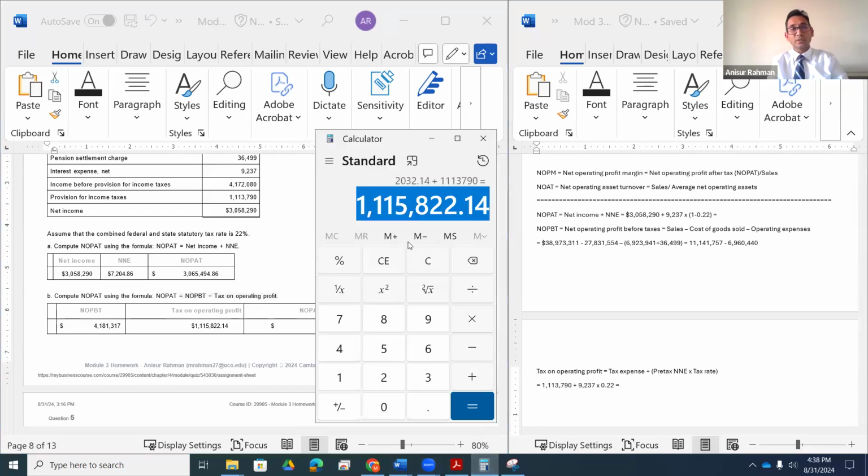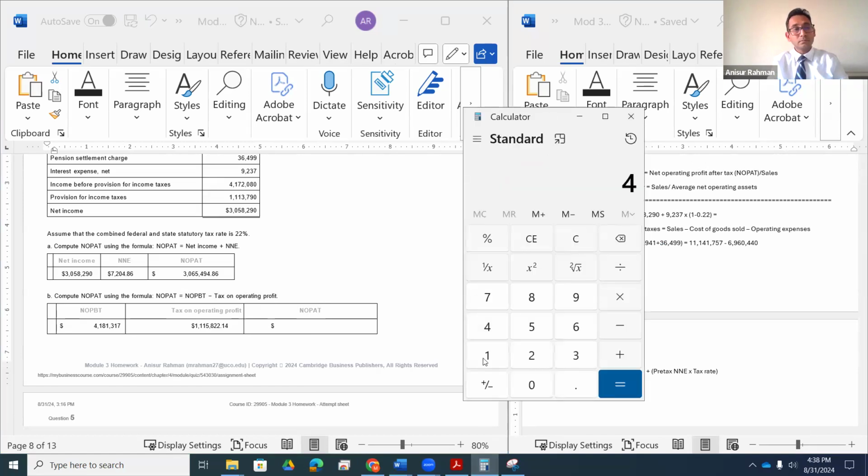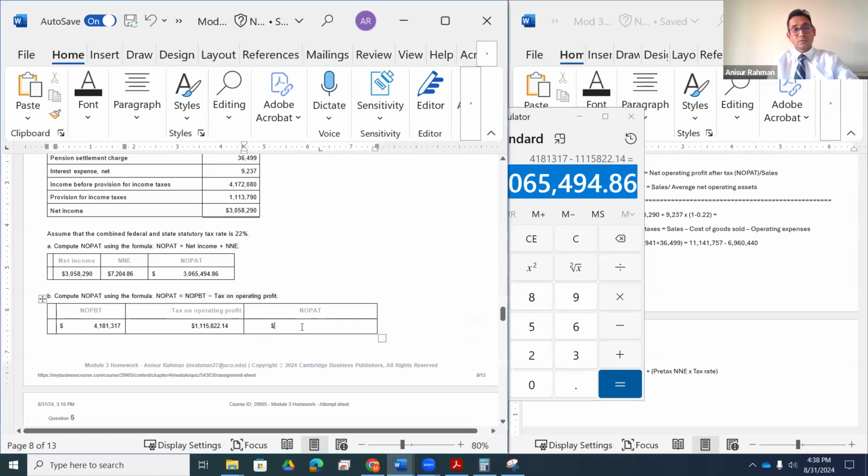I'm going to do the subtraction now. We arrived at the same numbers.